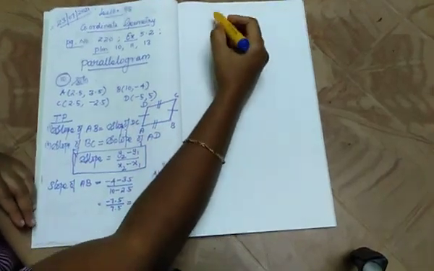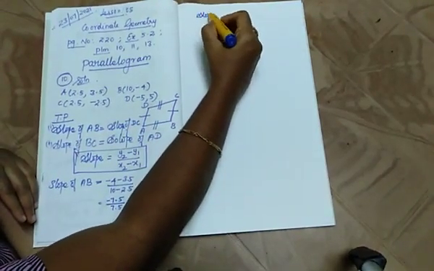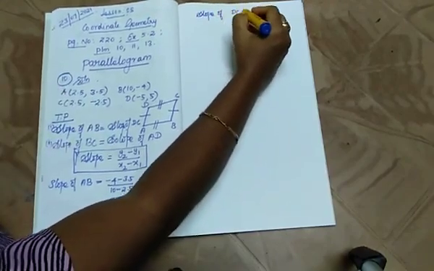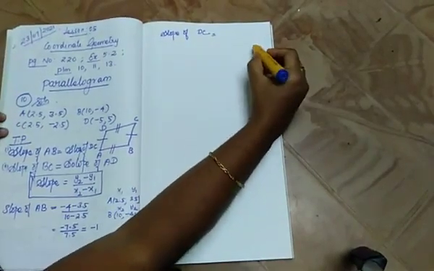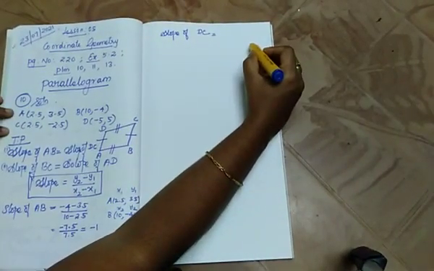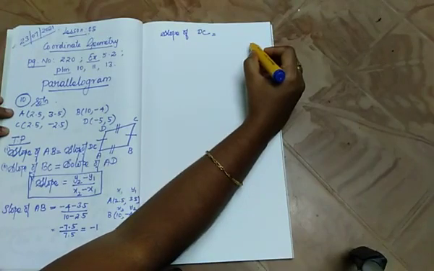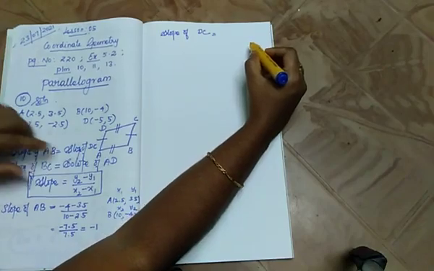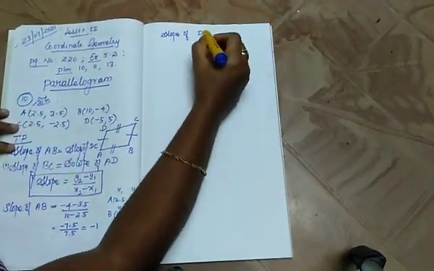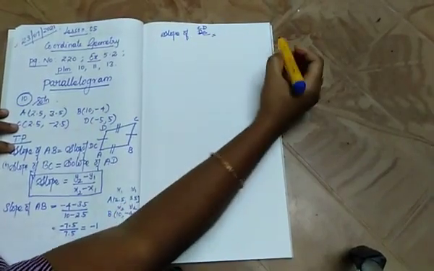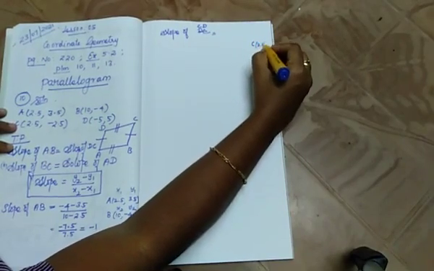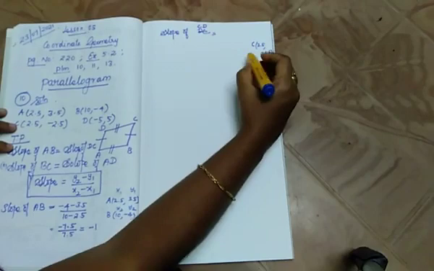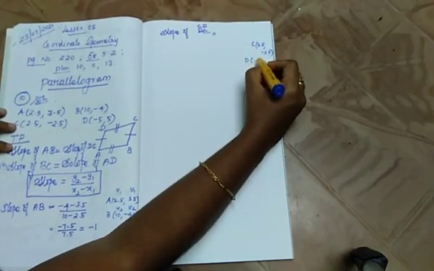Next we have to find the slope of DC. Let it be CD. So C of 2.5 comma minus 2.5 and D of minus 5 comma 5.